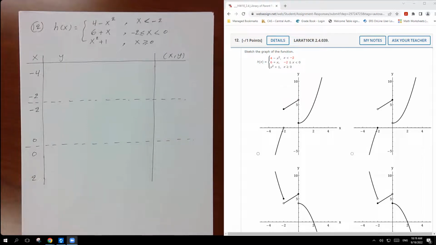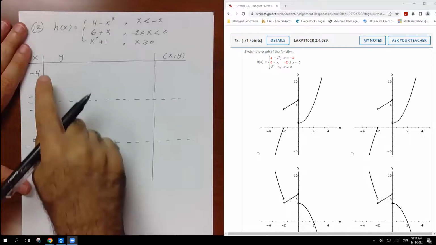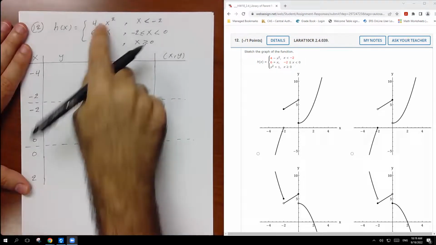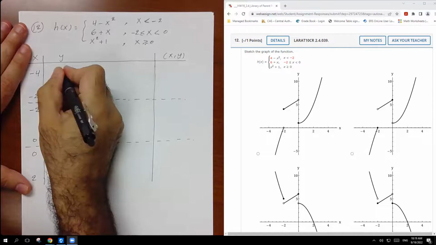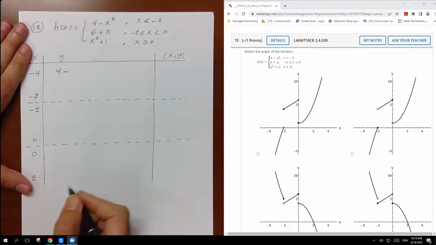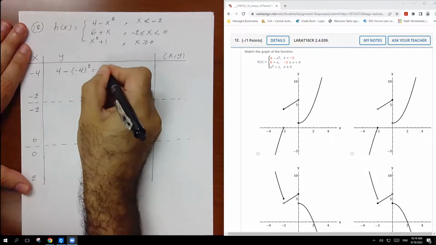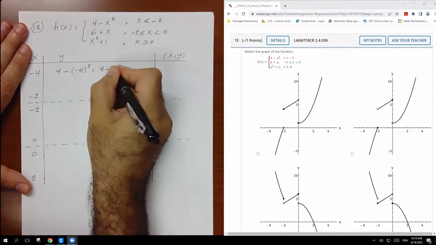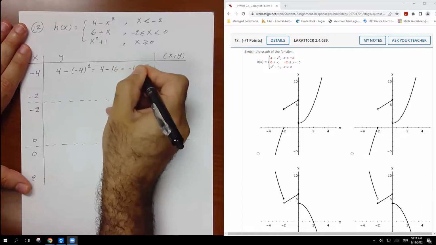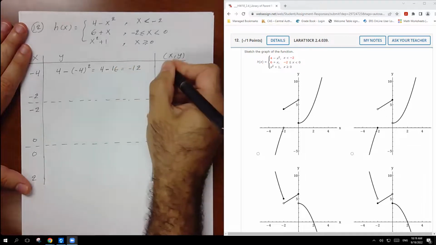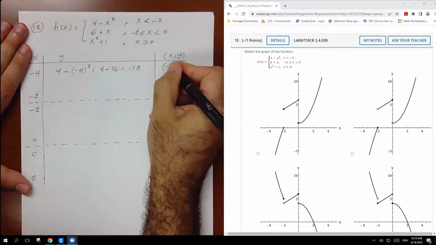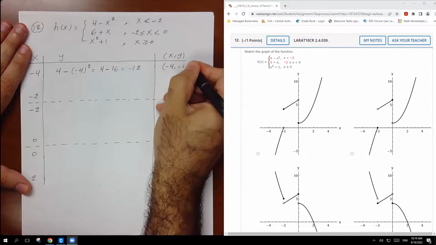The next step, we just need to pick which one is going to be the right option by finding the y value. So let's plug in these 2 numbers here. The first one is going to be 4 minus -4 squared. So it's going to be 4 minus 16, and it's going to be -12. So it's going to be -4 and -12.